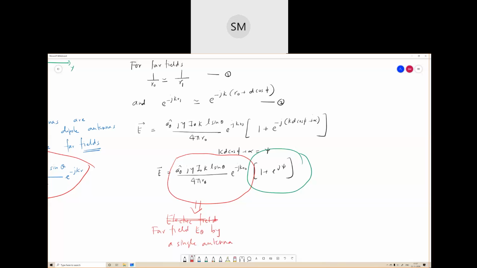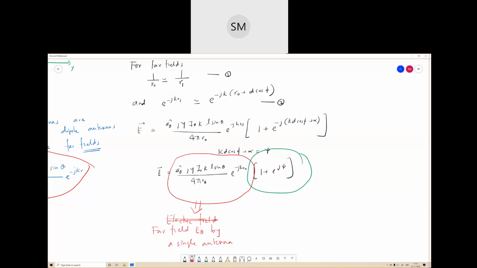So what is the green thing? How and why is the green thing coming?